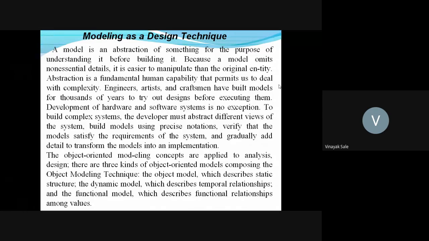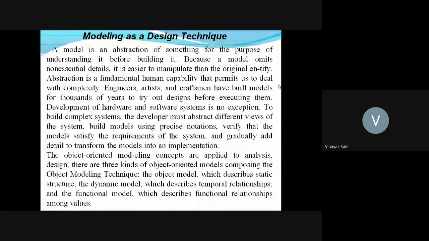because a model omits non-essential details. It is easier to manipulate than the original entity. Abstraction is a fundamental human capability that permits us to deal with complexity. Engineers, artists, and craftsmen have built models for thousands of years to try out designs before executing them.